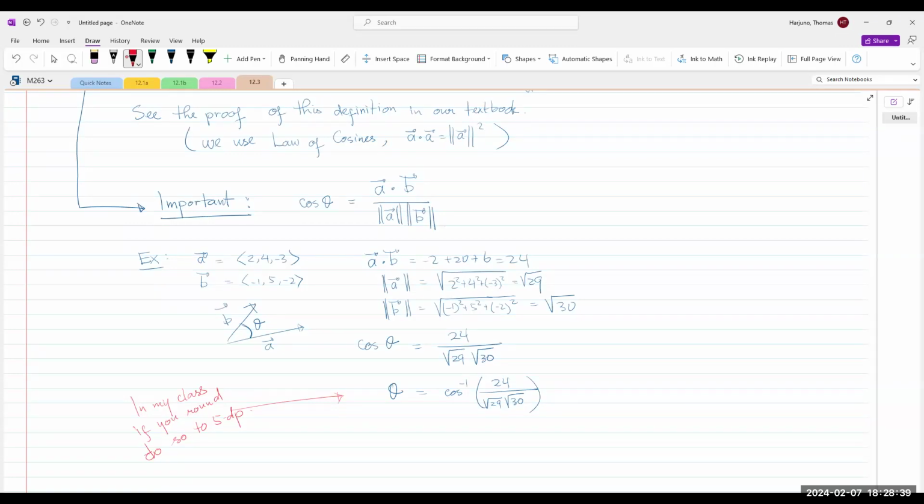Okay. Now from here we also learn something important. Let me change the color. Notes, important one. Notice that cosine theta equals 0 if and only if theta is pi over 2 or 3 pi over 2.